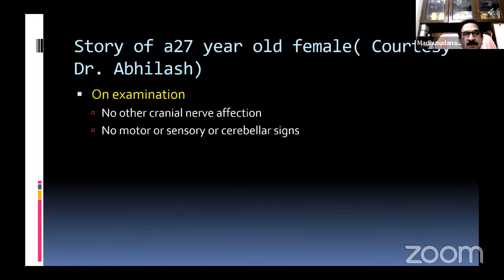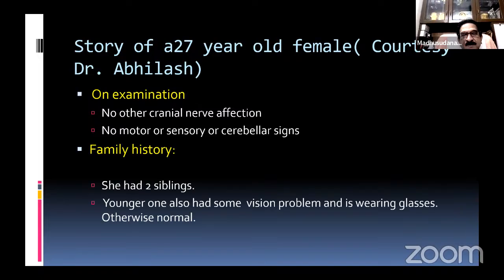On examination, no other cranial nerve involvement, no motor, sensory or cerebellar signs. Family has 2 siblings. The younger one also had a vision problem and is wearing glasses, otherwise normal.